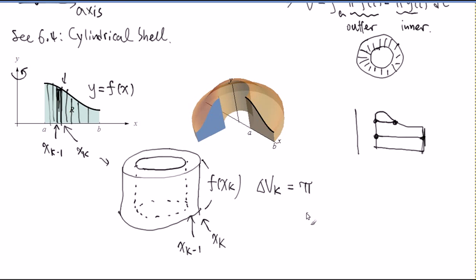What is r there? You see xk, that's the center in here, that's the rotation, that's where the y-axis is. So that's the distance from here to there, right? That's the radius of the bottom bigger solid, correct?